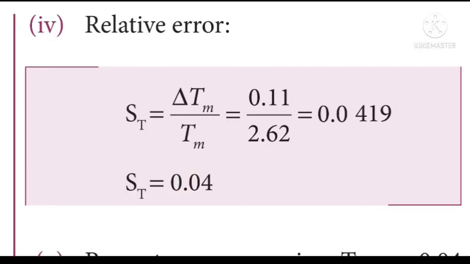Next, we are going to calculate the relative error. The relative error is St is equal to del Tm by Tm, which is 0.11 divided by 2.62, which is equal to 0.0419. After rounding off, we get St is equal to 0.04.